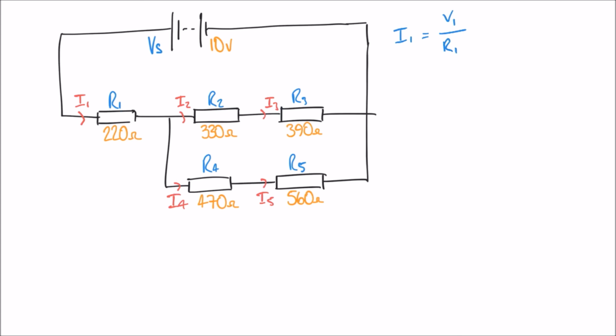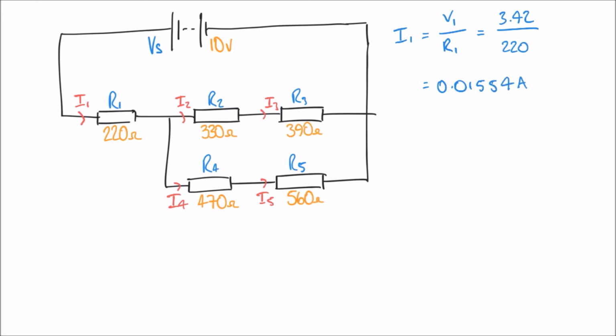If I put the values in my equation here, V1 we said was 3.42 over R1, which we said was 220. I'll get an answer of 0.01554 amps.